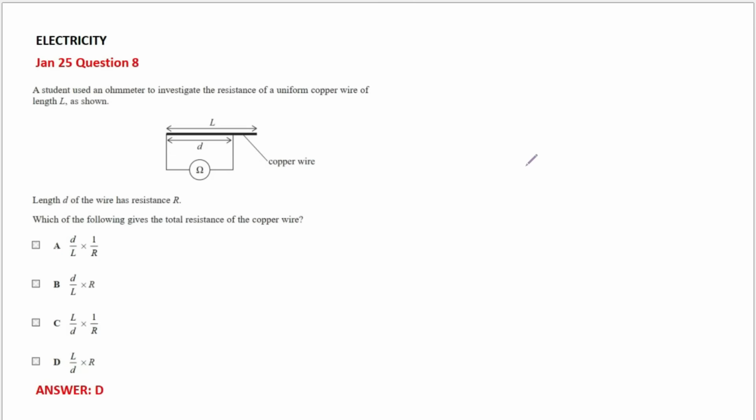Next question is also from Jan 25, question 8. The student used an ohm meter to investigate the resistance of a uniform copper wire of length L as shown. Right. Length D of the wire has resistance R. Okay. Which of the following gives the total resistance of the copper wire?